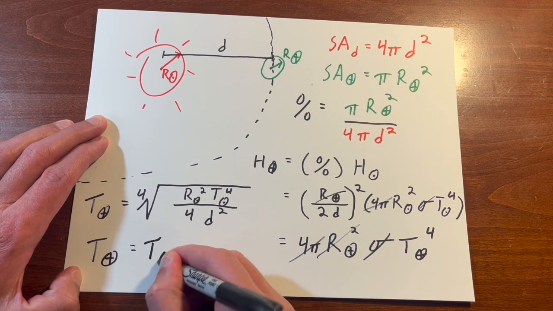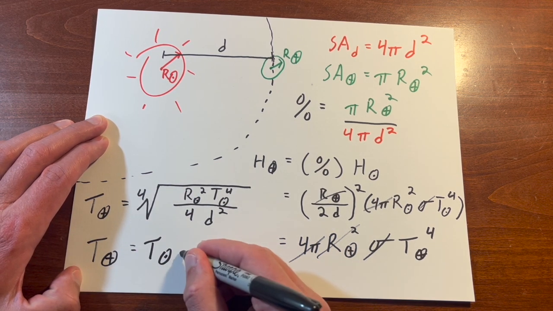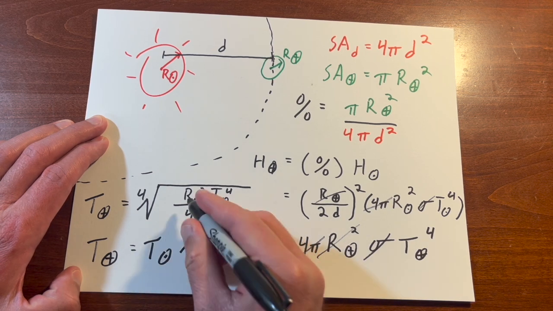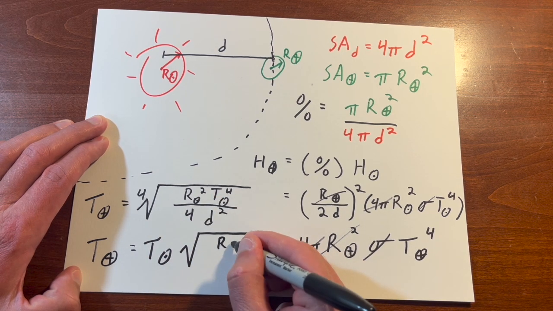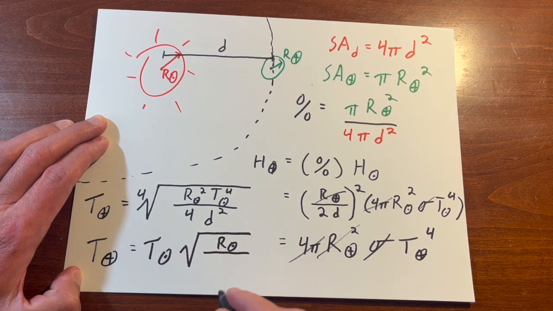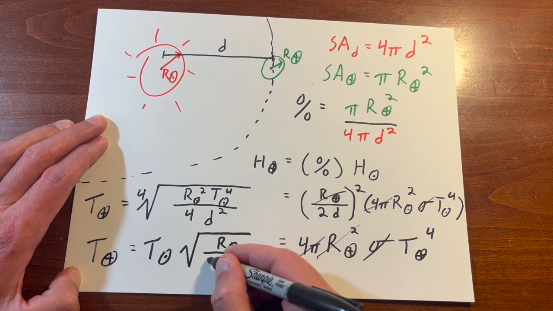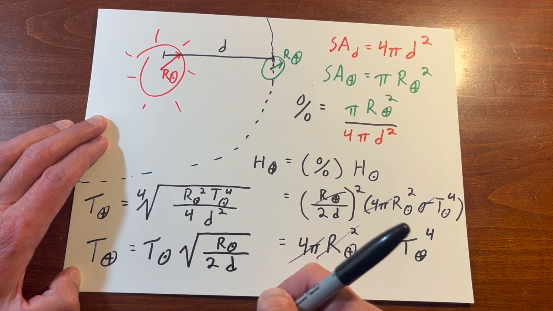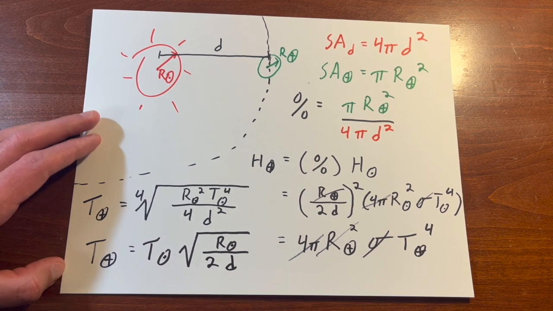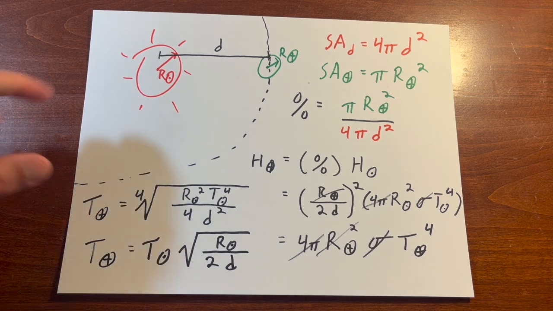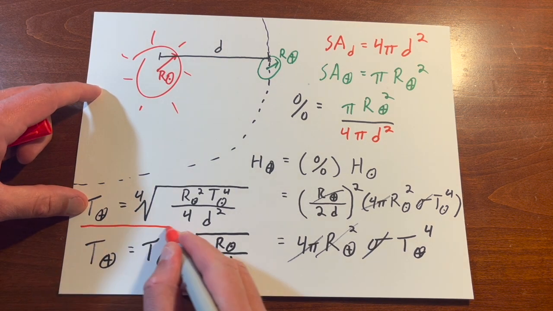So we have temperature of the sun times the square root of what remains in here, and we are taking a square root, so that'll go back to 2. And that is actually the answer, okay?